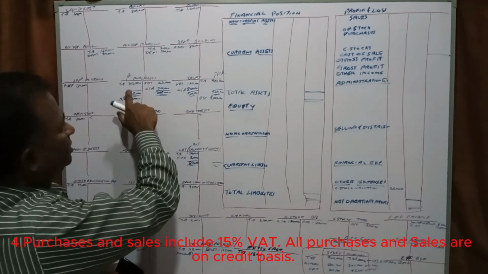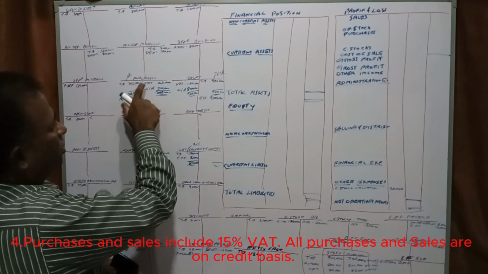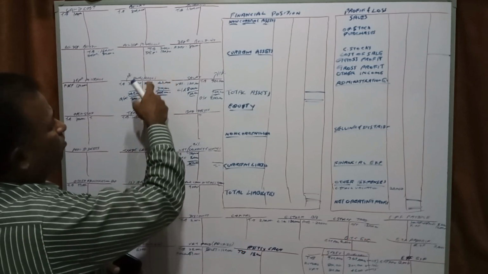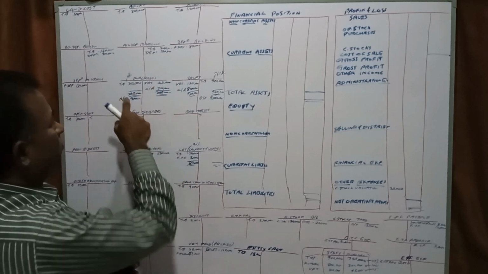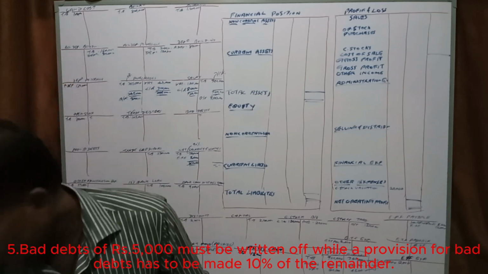The purchases of 345,000 include VAT, so removing the VAT portion of 45,000, debited to the VAT payable account, the balance is 300,000. Actual purchases is 300,000, right?